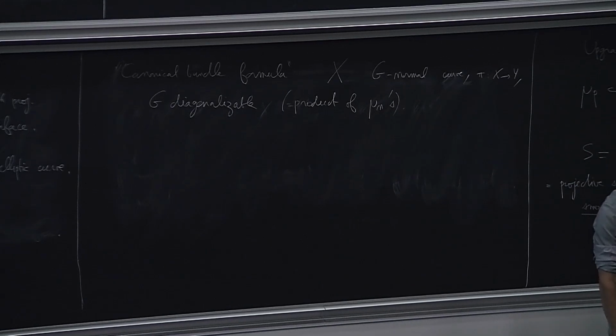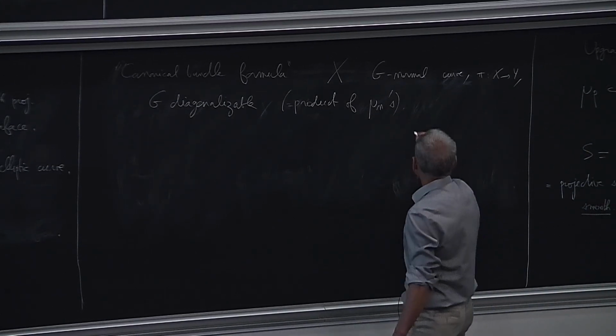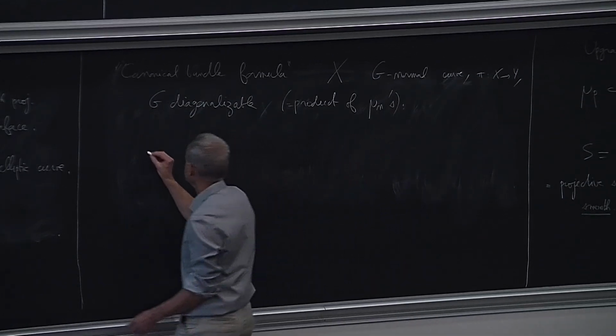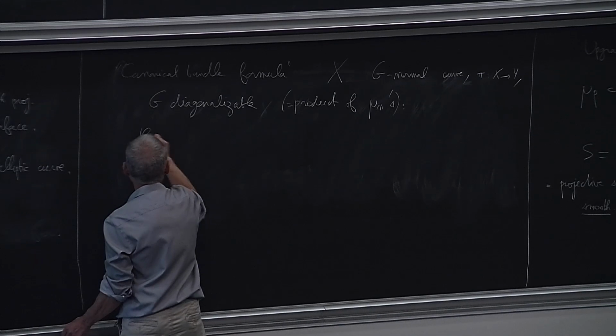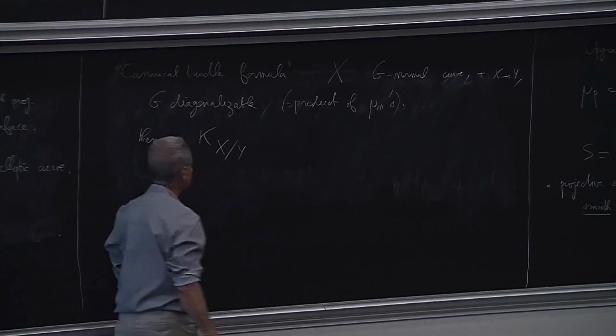Well, these are analogs of the finite abelian groups of classical algebraic geometry. And then the statement is as follows. Let me state it first in a loose way and then try to define the objects.